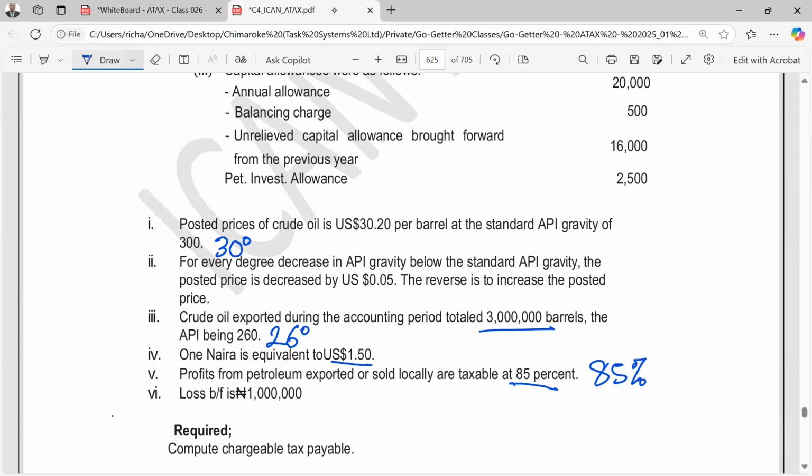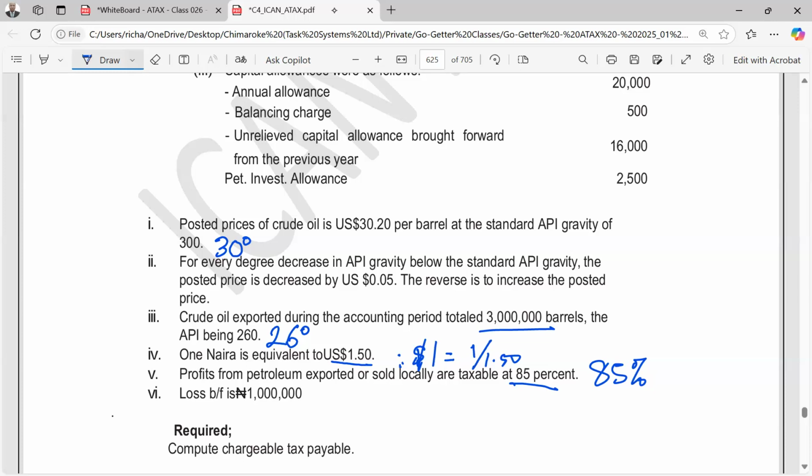Now we want to convert everything to naira. So if 1 naira is this, therefore $1 will be 1 naira over 1.50.